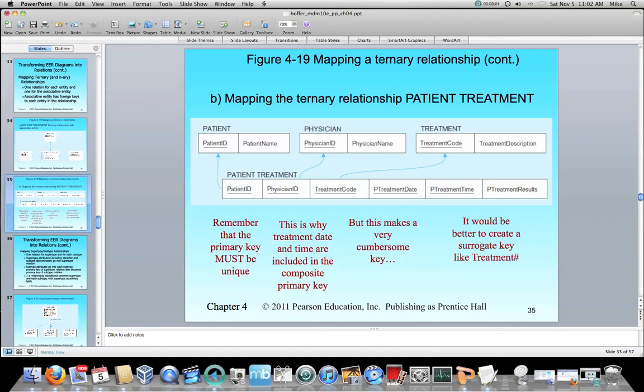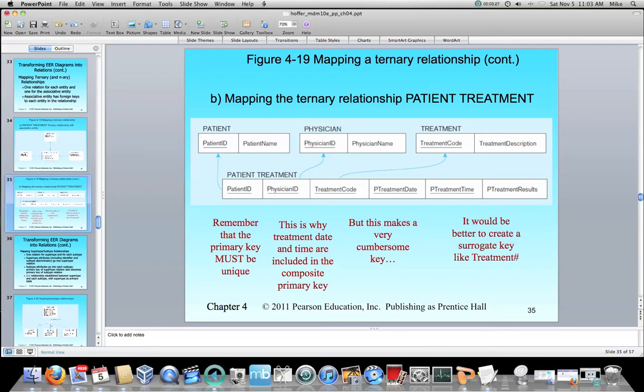So in order to make it unique, we have to get a little bit more cumbersome, as the slide says, by adding in treatment date and treatment time. Because we could also get to the fact that a physician prescribes a treatment multiple times on the same day. But obviously, they wouldn't have the same treatment at the same exact time, right?